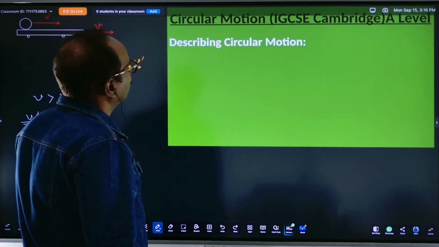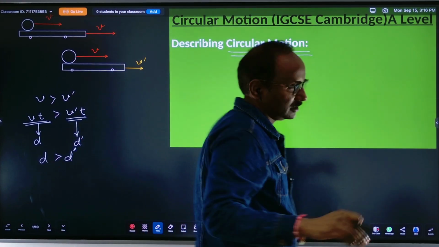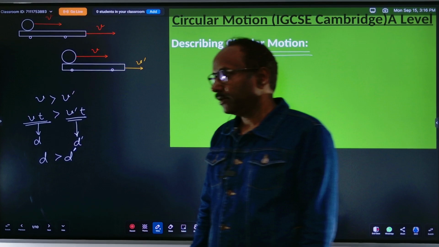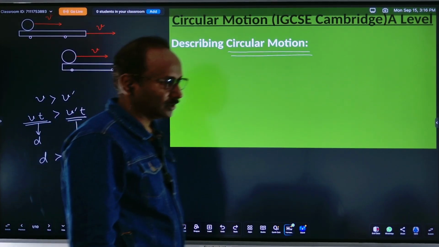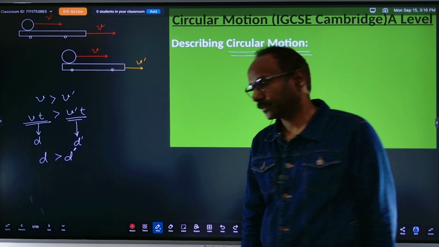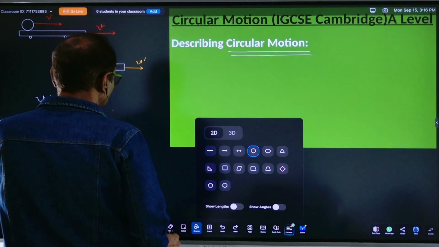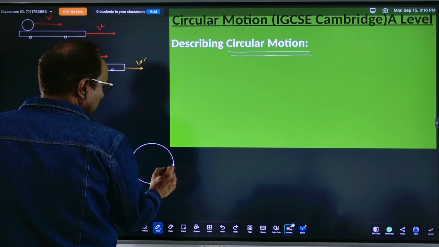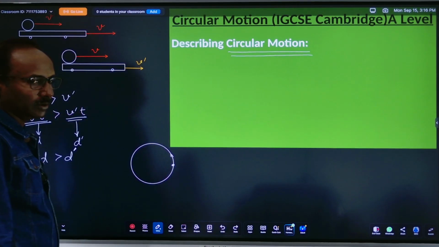Now we go for circular motion. The circular motion, the name itself suggests the motion in a circle, right? So if a body is moving in a circle, it is said to be in circular motion. If the body is moving in this circular path, it is said to be in circular motion.